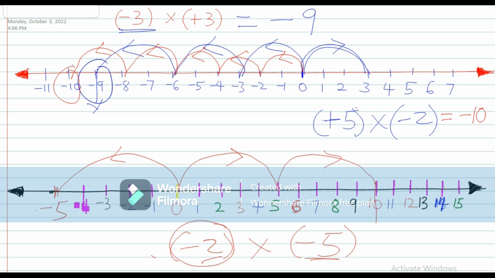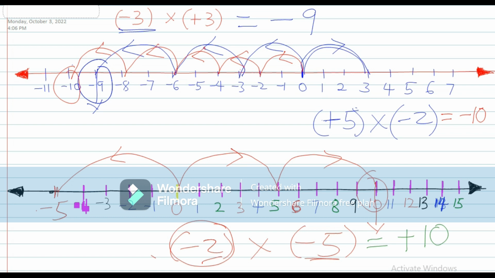We end up here, and our result of multiplying negative 2 and negative 5 gives us positive 10. Wow, that's a beautiful result. A negative number multiplied by a negative number gave us the final result of a positive 10.